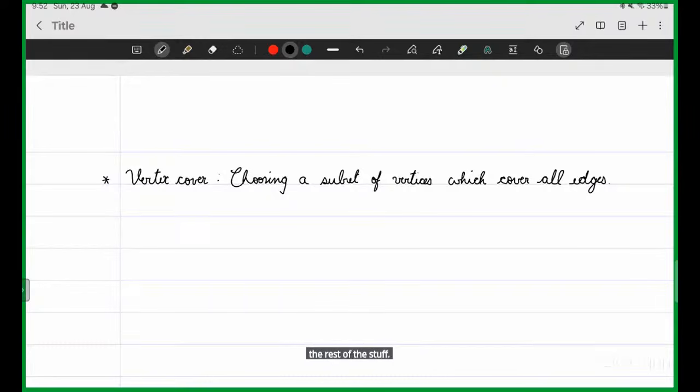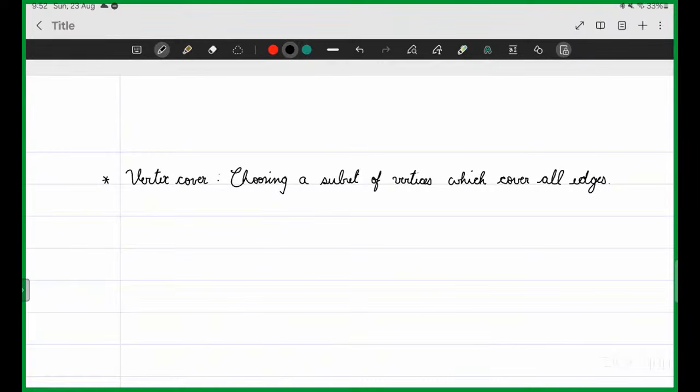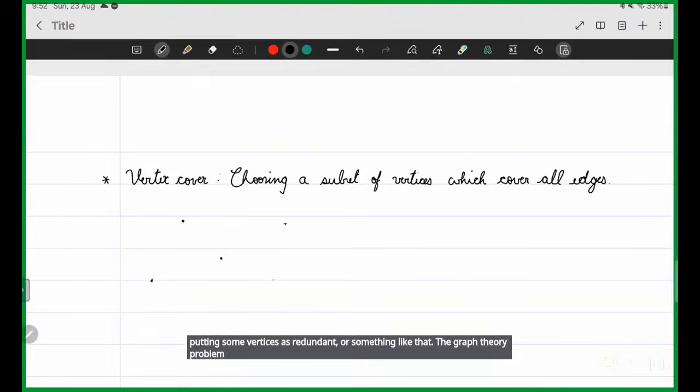So next thing is a vertex cover. This falls in the category of what one of you was saying earlier about putting some vertices as redundant or something like that. The graph theory problem is, I'm given a graph with vertices and edges.